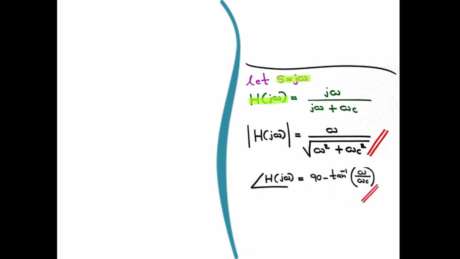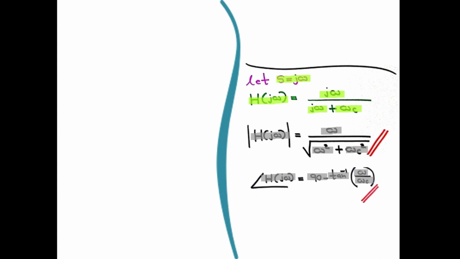So H(j omega) equals j omega divided by j omega plus omega c. And we can attain the magnitude of the transfer function H(j omega), where the magnitude equals omega divided by square root of omega squared plus omega c squared. And the phase angle of the transfer function is 90 minus tan inverse omega divided by omega c.